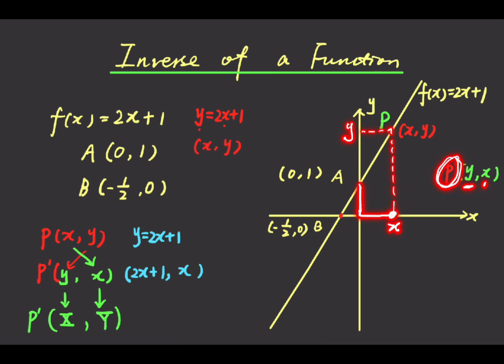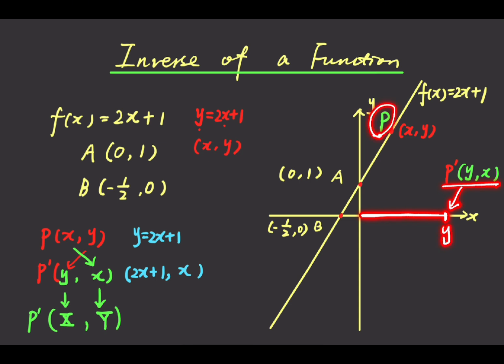So here, this distance equal to x, this distance should be equal to y. At this time, for point P prime, this y is on the x-axis.